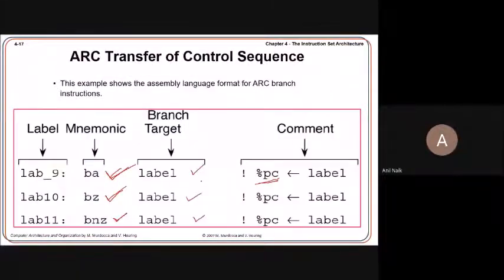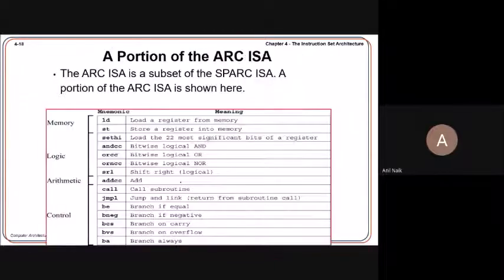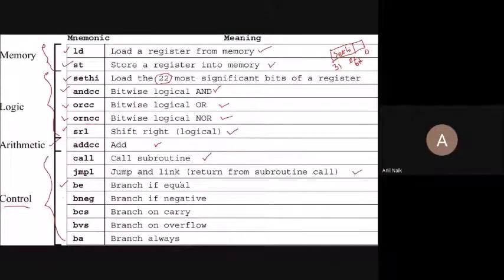Then the branch instructions. Branch always means if the condition is true, it will jump to the particular address or label. So these are some important different types of mnemonics. The memory related instructions are load and store.